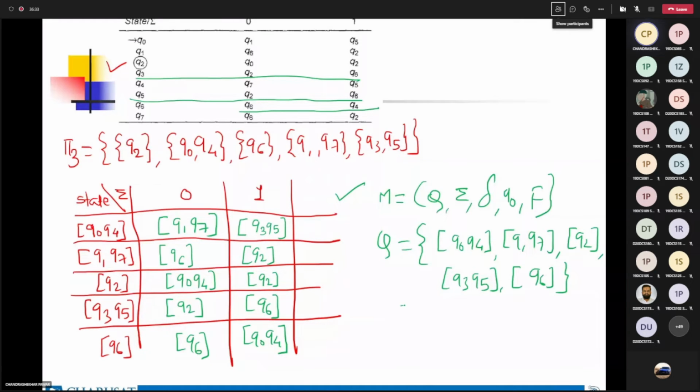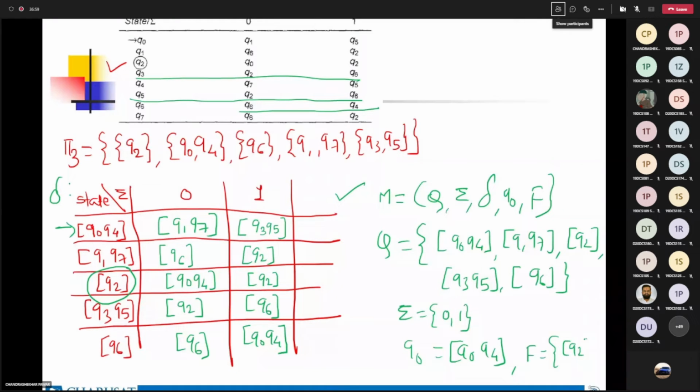Inputs are 0 and 1. This del is already provided here. Q0 is Q0, Q4. This is the initial state. Final state is Q2.